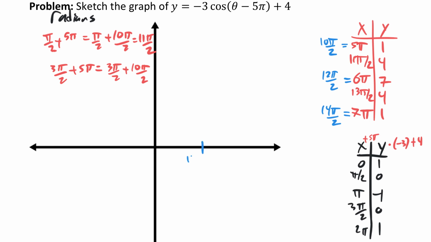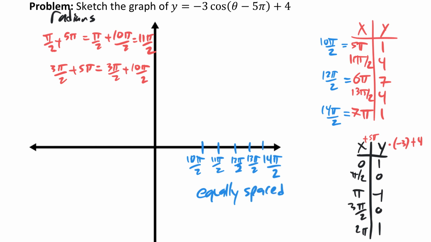I might call this 10 pi over 2, 11, 12, 13, 14. Right, 11 pi over 2, 12 pi over 2, 13 pi over 2, and 14 pi over 2. The important thing is that the tick marks are equally spaced. It's not really important, this distance here. This is a little bit irrelevant.